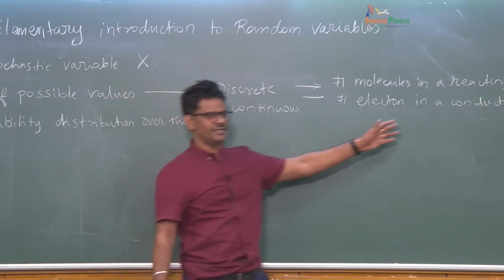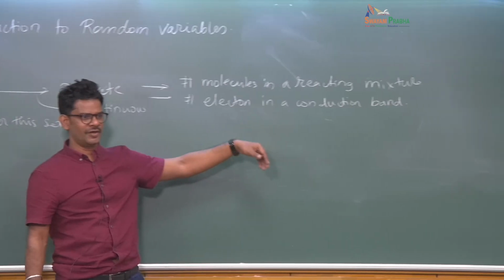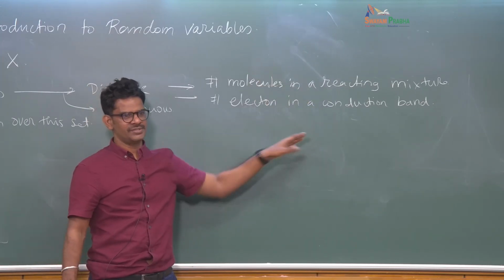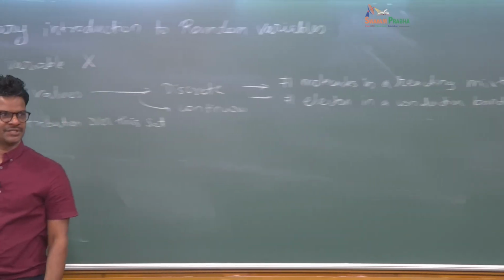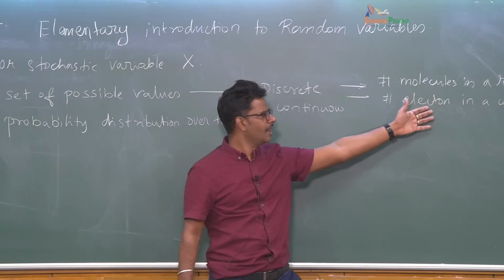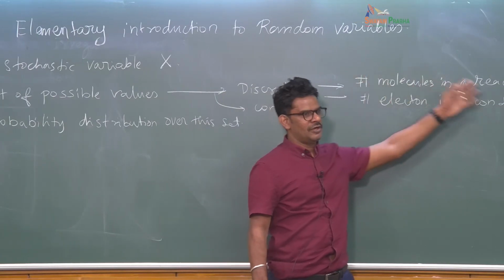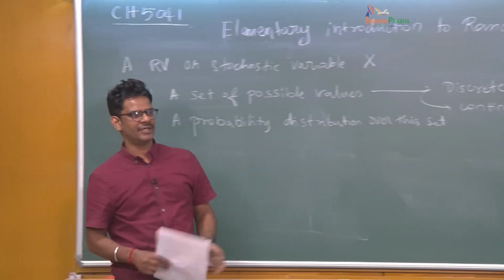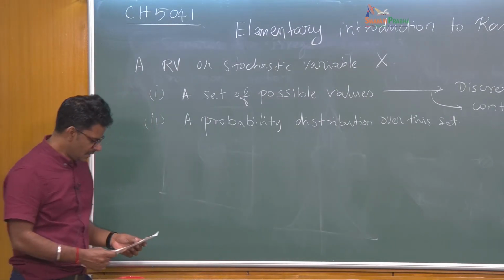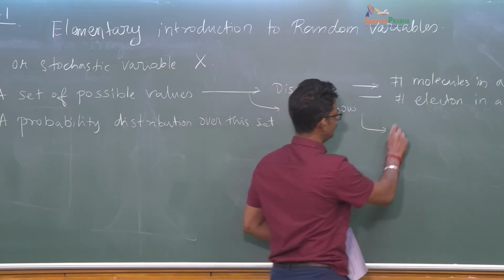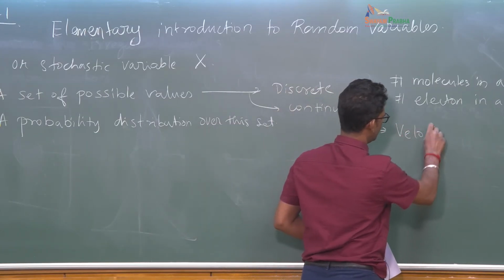I don't want to give the typical example of a head or tail or the outcome of throwing a die. Those are very trivial examples, but these are examples more relevant to engineering applications. You can see these are all individual variables, integer variables, and each has a particular range of values it can take. Sometimes it can be continuous. An example could be the velocity of a Brownian particle.